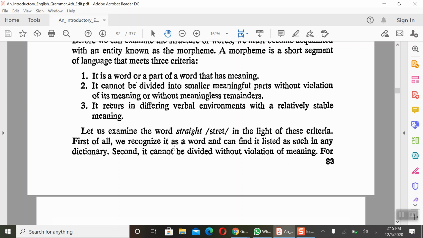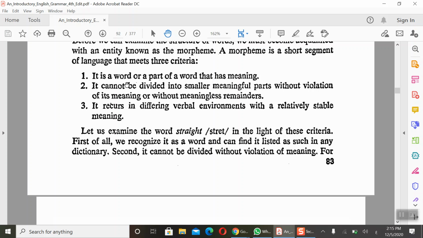So when we say it is a word, it has meaning, it means it can be found here. You can find it listed as such in any dictionary. This is number 1. Okay, so it is a word that has meaning. It is not part of a word, it's a full word. I hope that the first one is clear.